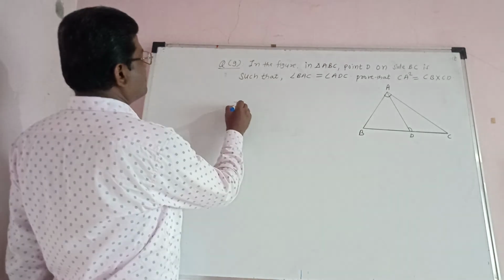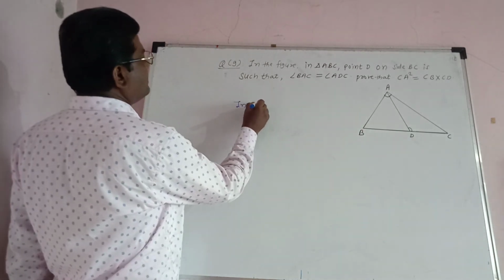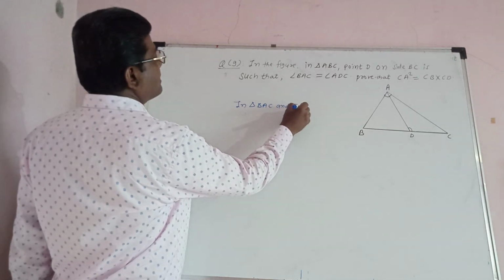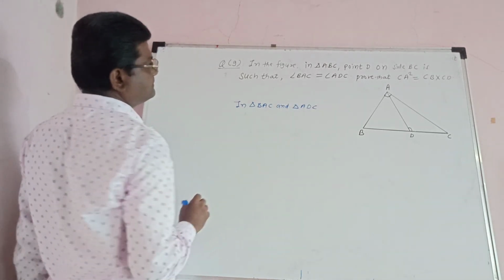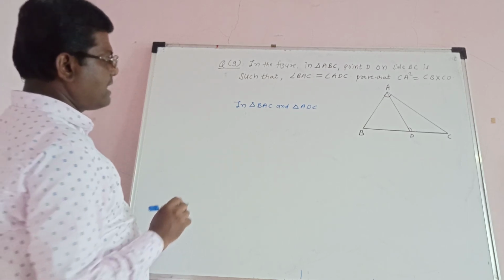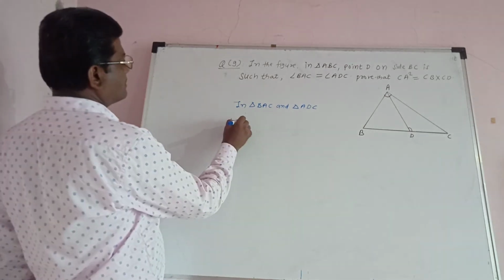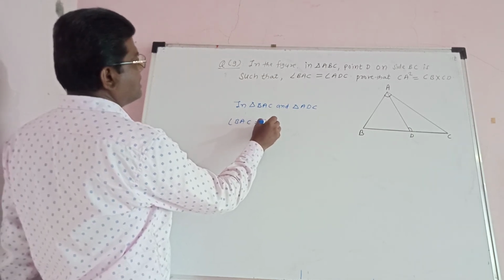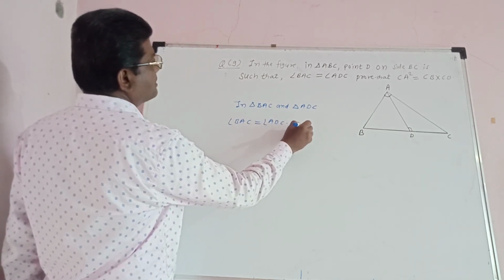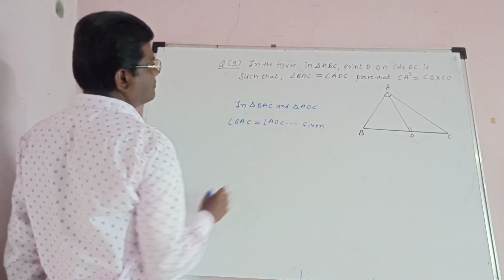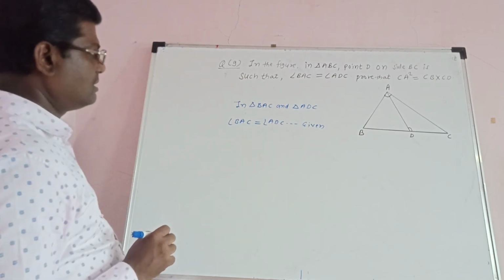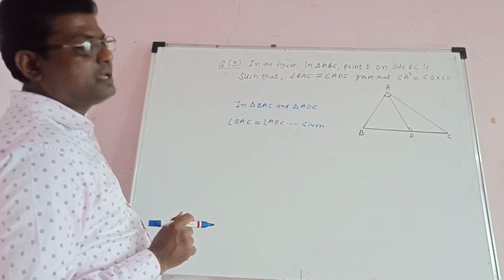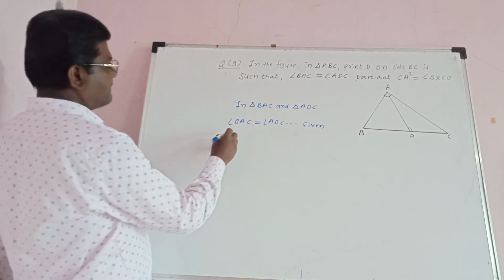Now consider two triangles, triangle BAC and triangle ADC. Angle BAC is equal to angle ADC. It is given.